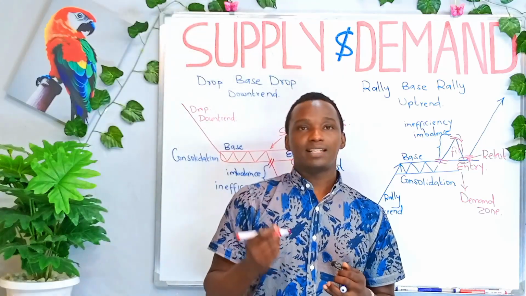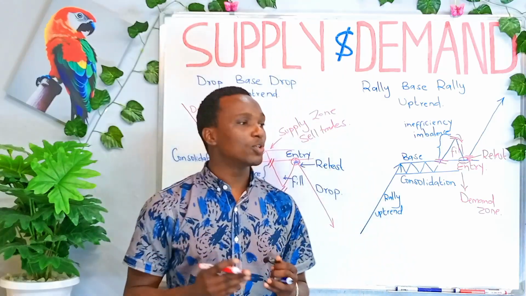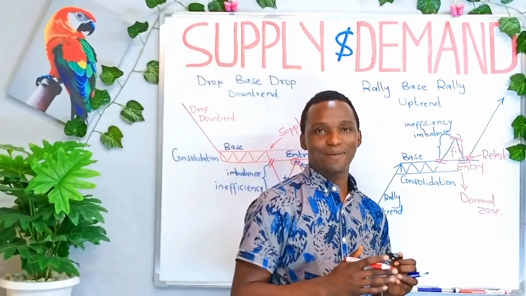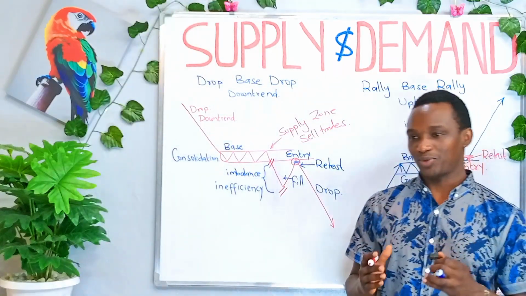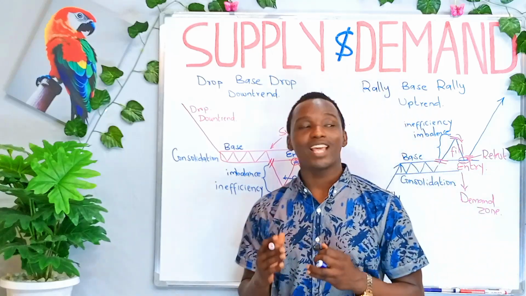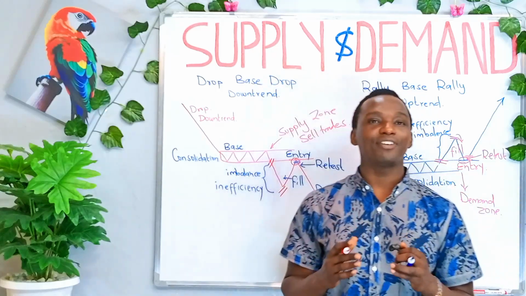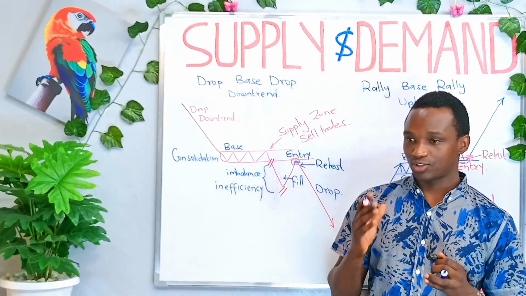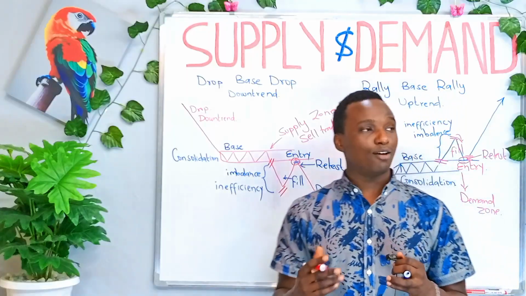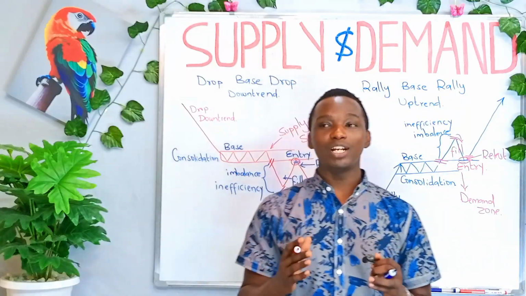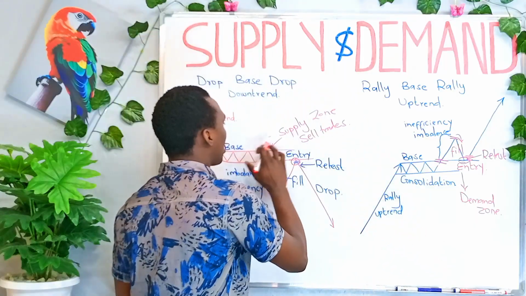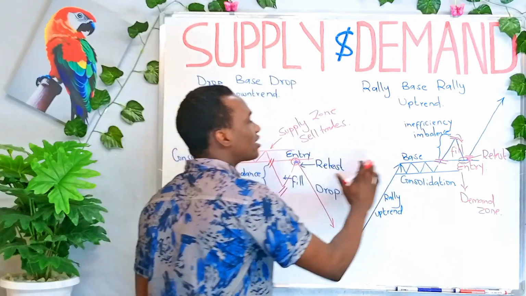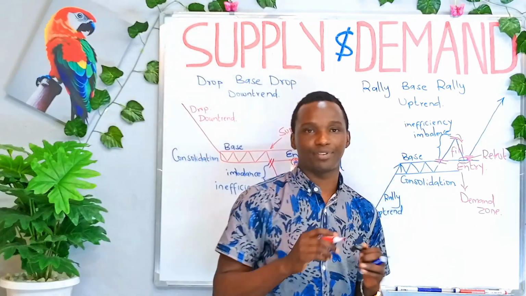Secondly, we are going to look at the logic behind a supply and a demand zone. Third, we are going to look at the different types of zones. Fourth, we will look at the structure of the formation of these zones in depth.